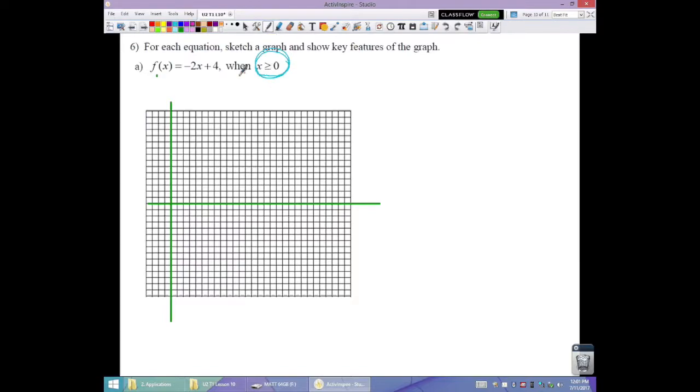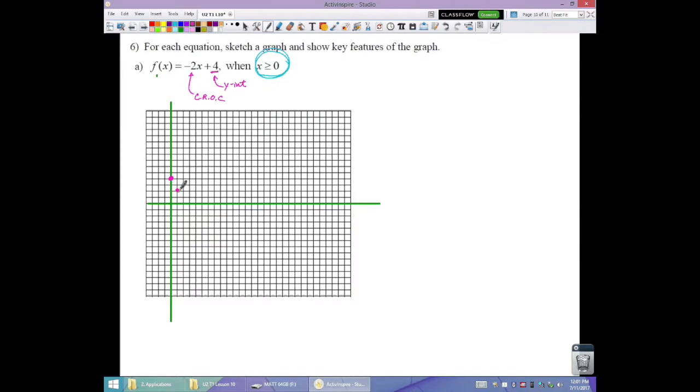So my y-intercept is 4. That's one of the key features, and it will help me graph. So 1, 2, 3, 4. The constant rate of change, or the slope, is -2. So that means every time I move to the right 1 x value, I need to go down 2.